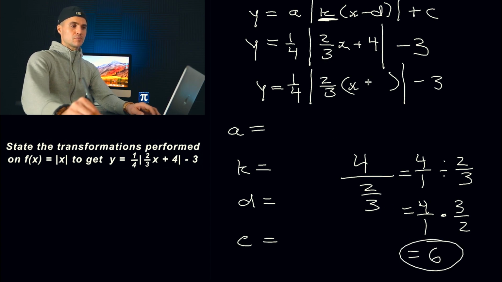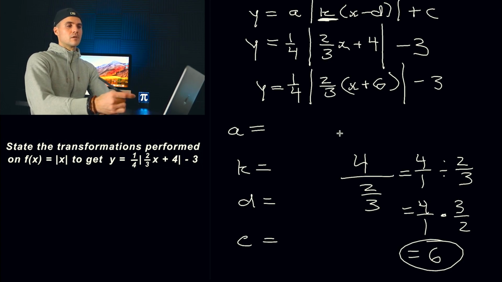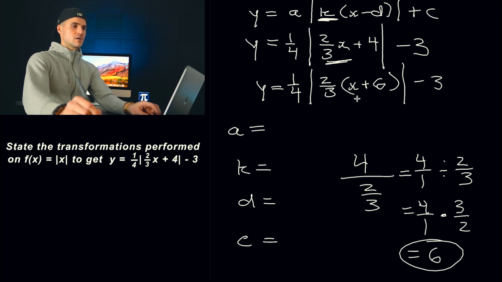So what would we be left with? We'd be left with plus 6, right there. And then you could test it too. You could redistribute that 2 over 3. 2 over 3 times x is 2 over 3x. 2 over 3 times 6 does indeed give us that 4. So you could redistribute to make sure that it's all good.